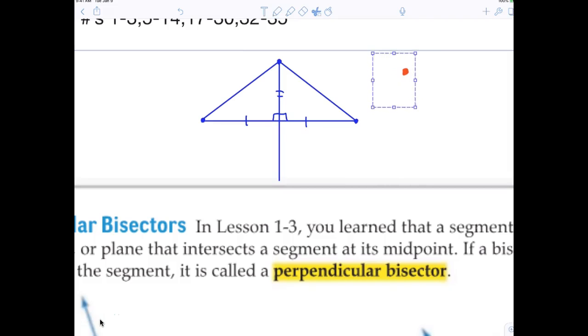So here is my point that I'm going to put anywhere on this perpendicular bisector. If I put it right there, and I call this A, and I call this B, what is true about that point C? Carson, what is true? Put your hands down. I'm going to start introducing people to class.